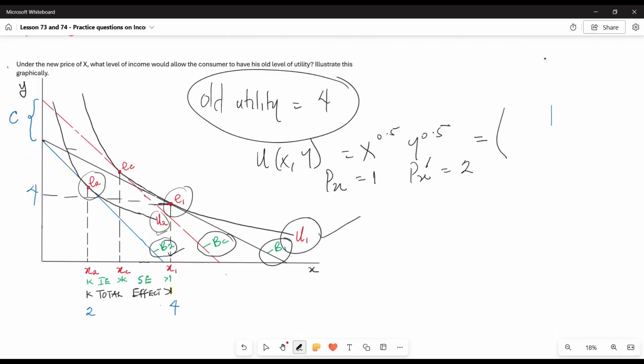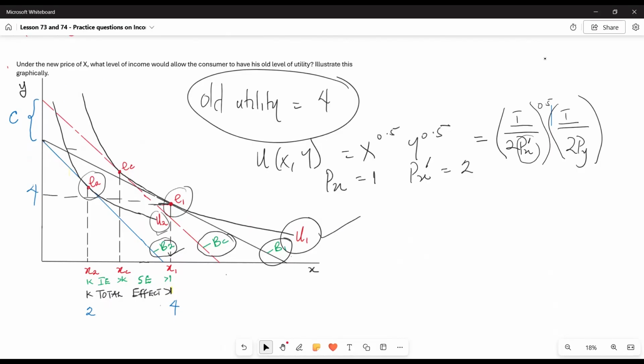We can substitute our demand function, where X is income divided by 2 Px prime, where Px prime is the new price of x, raised to the power 0.5, and Y we can rewrite as income divided by 2Py, because the price of y has not changed even though the price of good x has increased.